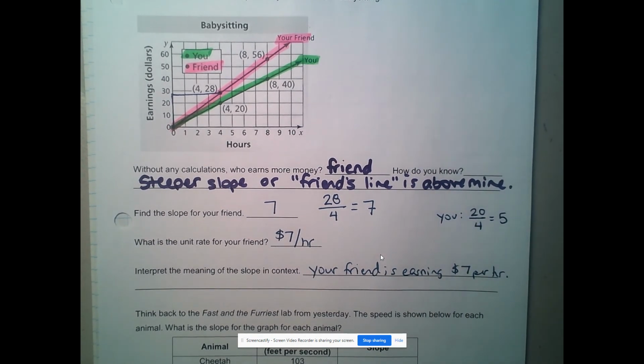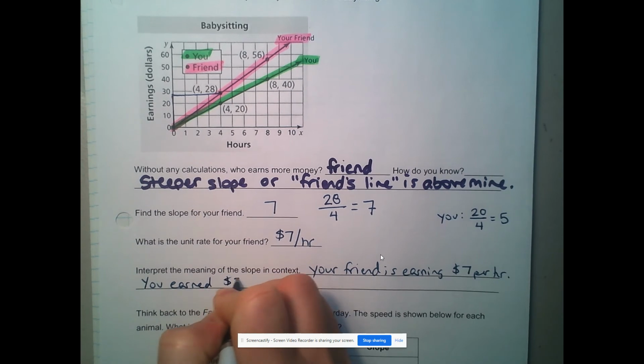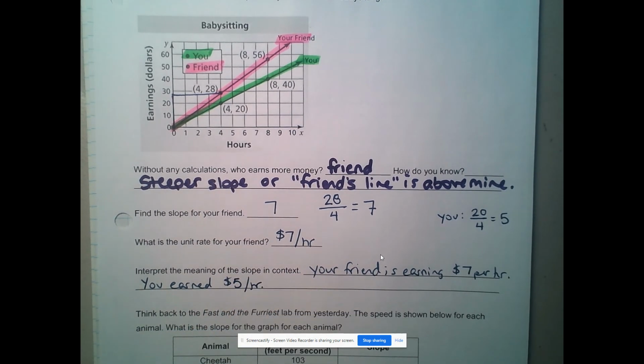So you were only earning $5 an hour. And that would be another reason that you could say, yeah, my friend has a steeper slope. My friend has a higher unit rate. My friend's making more money per hour than I am.